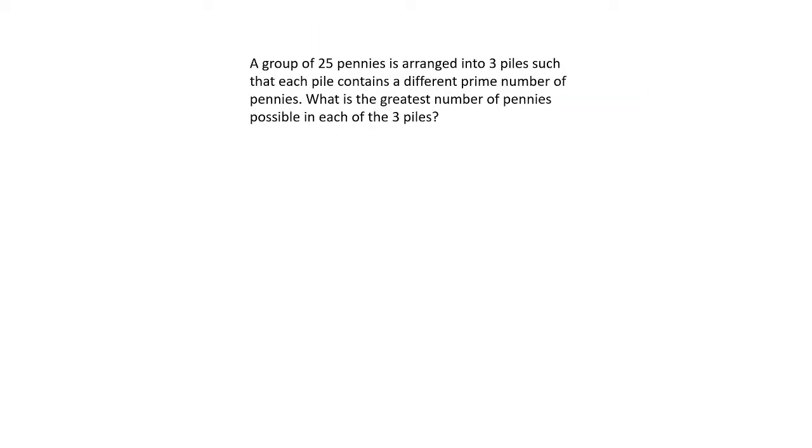Okay. So, a group of 25 pennies is arranged into 3 piles such that each pile contains a different prime number of pennies. What is the greatest number of pennies possible in each of the 3 piles?